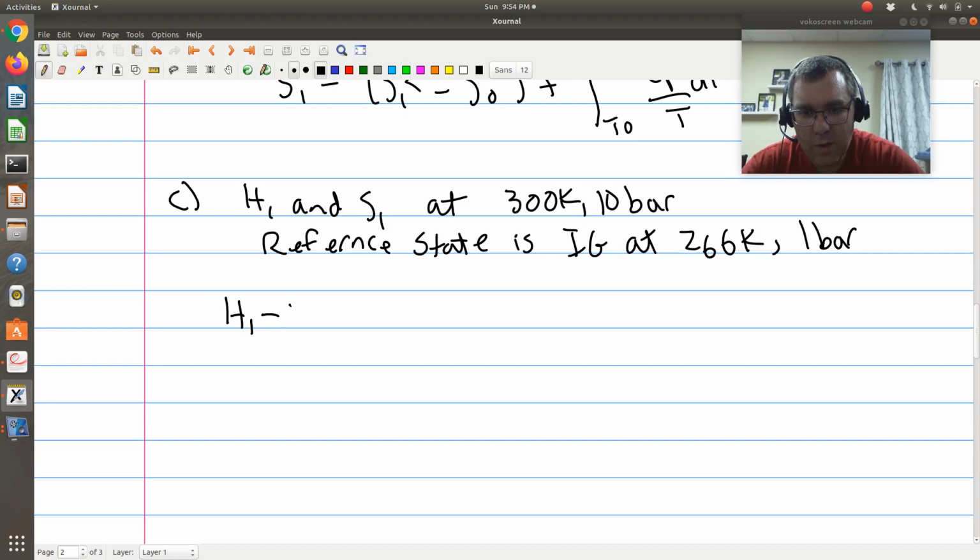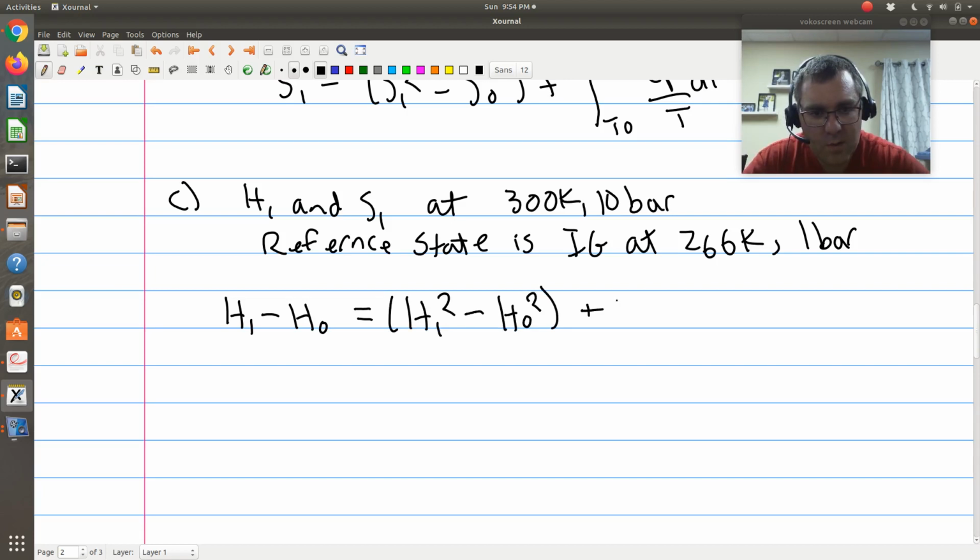So H1 minus H naught. Remember, H I can write as a sum of a residual and ideal gas term. So this I can equivalently write as H1 residual minus H naught residual plus H1 ideal gas minus H naught ideal gas.